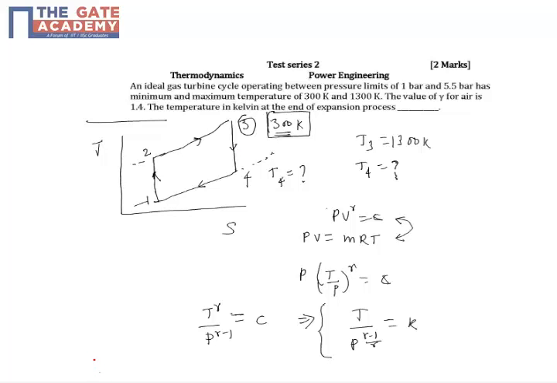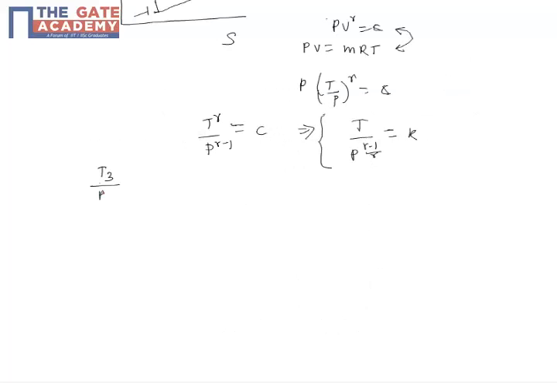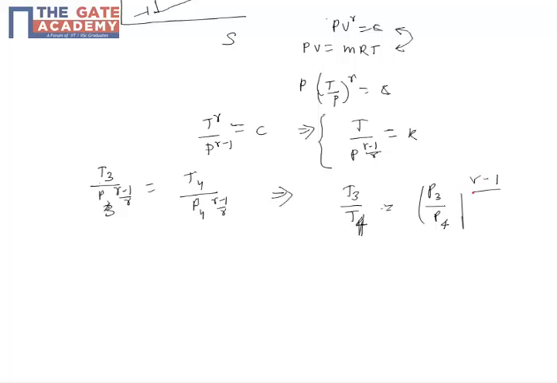So if I apply between 3 and 4, T3 by P3 power gamma minus 1 by gamma is equal to T4 by P4 power gamma minus 1 by gamma, or T3 by T4 is equal to P3 by P4 power gamma minus 1 by gamma. So that is the equation. I have just derived it in case you don't remember, but you are supposed to remember it.